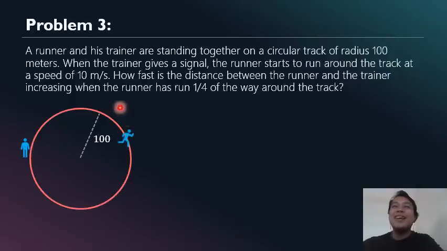Ngayon, that means nagbabago yung distance mula sa runner hanggang doon sa trainer niya. Nagbabago yung distance. But aside from that, alin yung total distance na na-travel niya? The total distance na na-travel ng runner is, of course, a portion of the circumference of the circle.